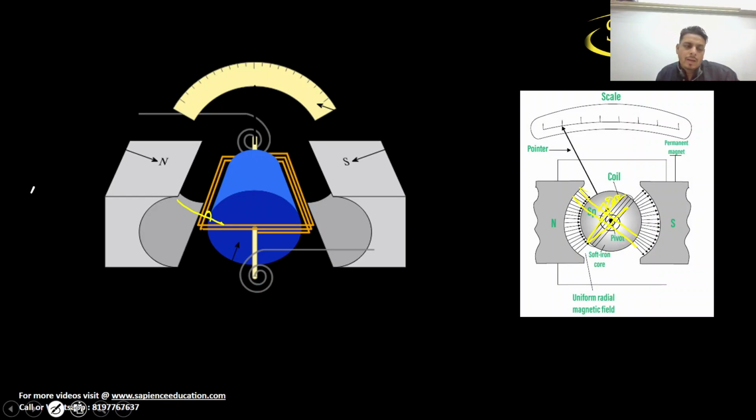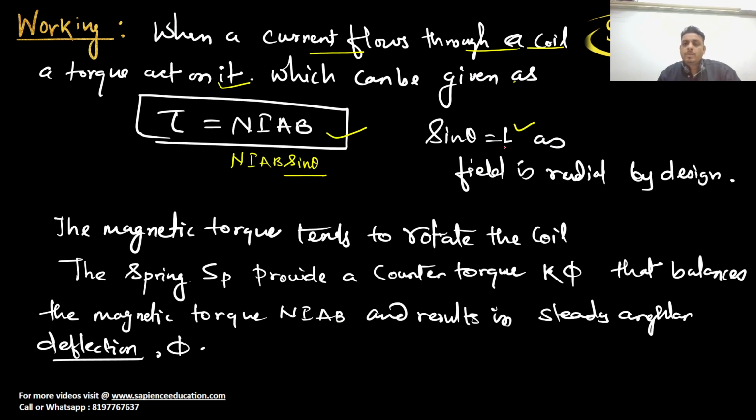If you make a coil like this, again you will see that the magnetic field is making an angle of 90 degrees. By design it has been made in such a way that theta is equal to 90 degrees. So sine 90 is equal to 1. Got it?